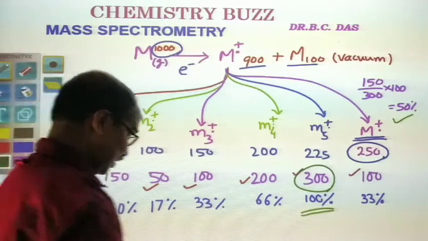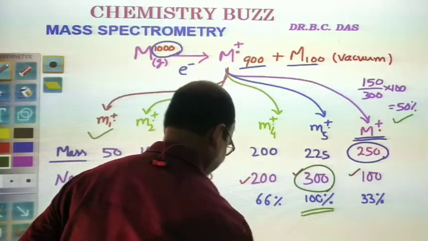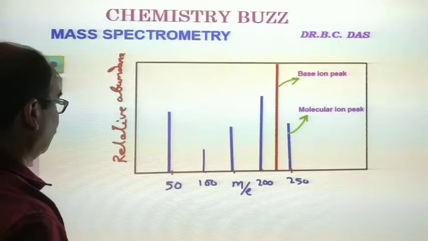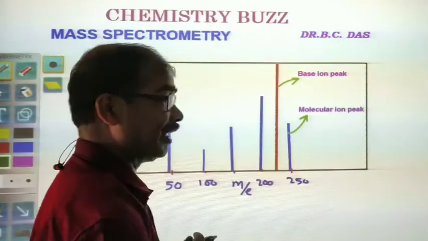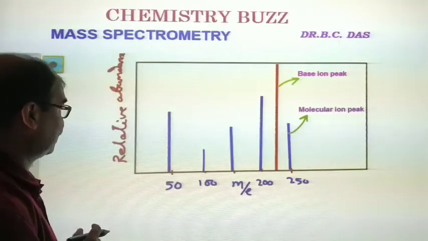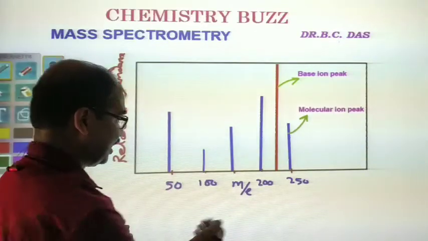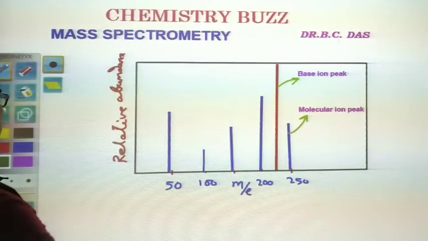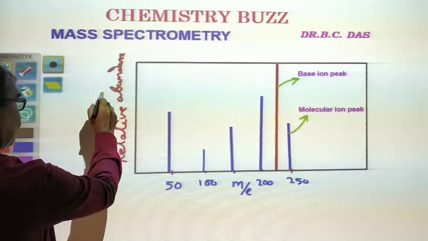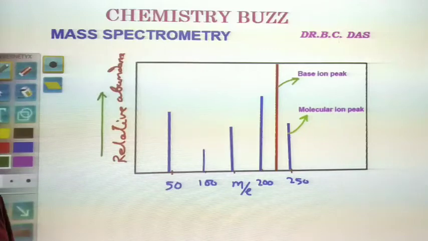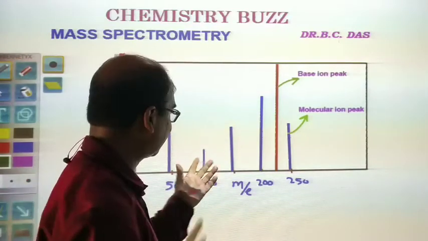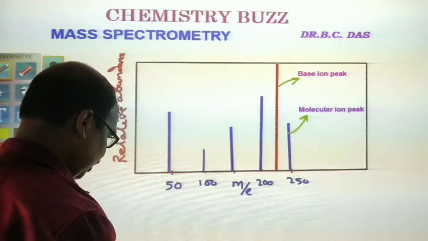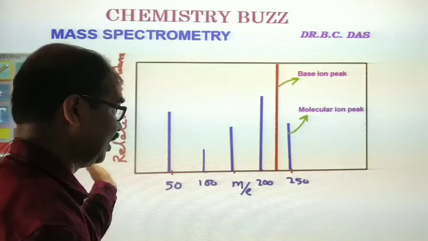So how is the graph obtained? The graph is also called the mass spectra. This is the graph with x-axis m by e, and the y-axis the relative abundance of different ions. The relative abundance of the ions we have calculated.